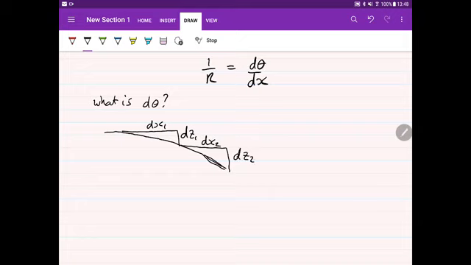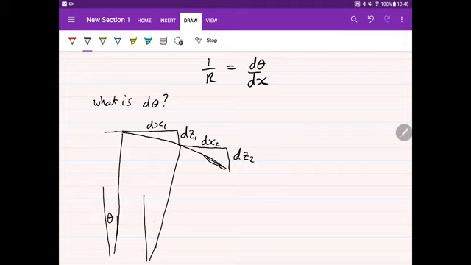Now, the angles that are going on here come from the fact that we've also got angles coming from here. This is going off to the centre of the circle. So if we want to work out those angles, we've got an angle theta with respect to the vertical here, but we've also got an angle here of theta plus some small incremental change that's happened along this direction. So these angles are the same angles as up here.